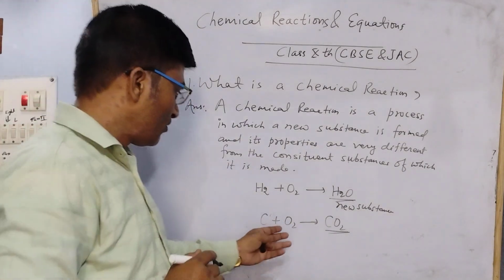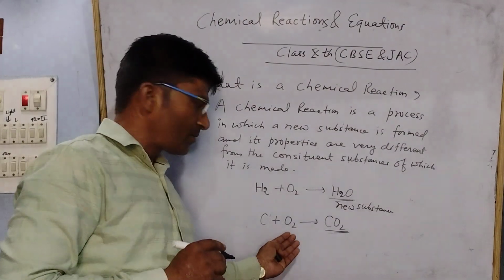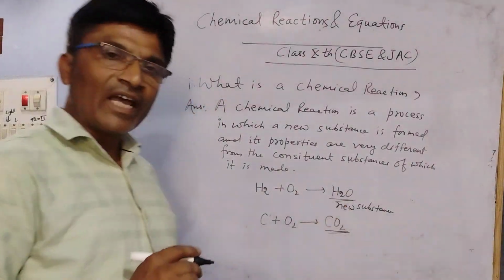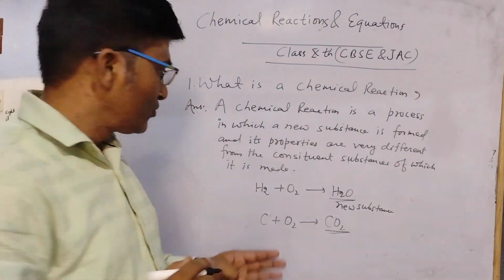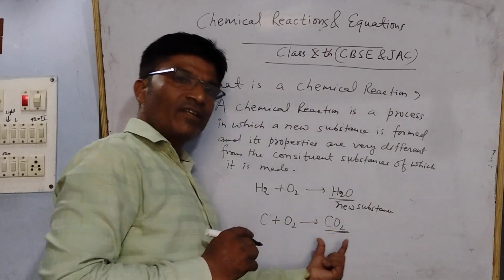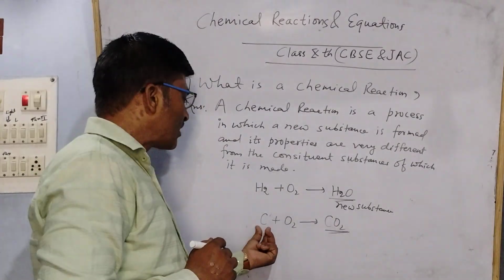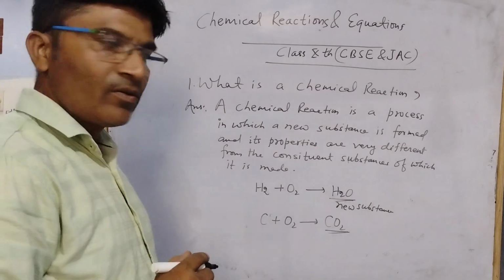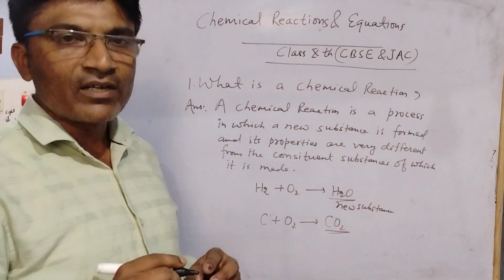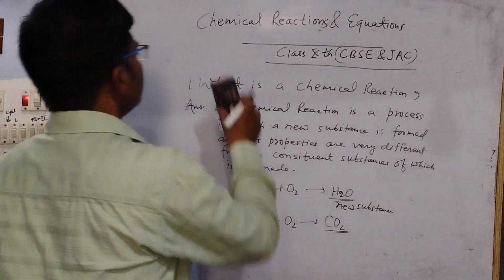Carbon is a solid, oxygen is a gas and a supporter of burning, but we know that CO2 is used to extinguish fire. So the properties of CO2 are very different from the properties of carbon and oxygen. I hope that you must have understood this.